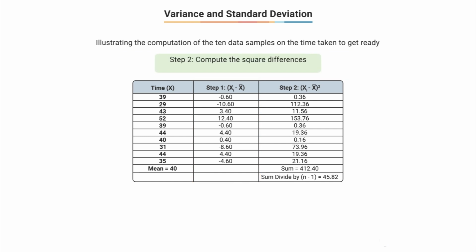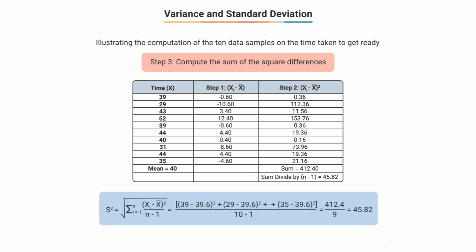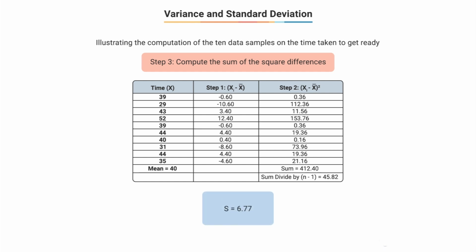In step 2, we'll compute the squared differences for each observation, shown in the third column. In the third step, we compute the sum of the squared differences. The value is 412.4, and then we divide that by n minus 1, that is 9, and 45.82 becomes our sample variance. The square root of this number, which is 6.77, is the standard deviation of the sample.